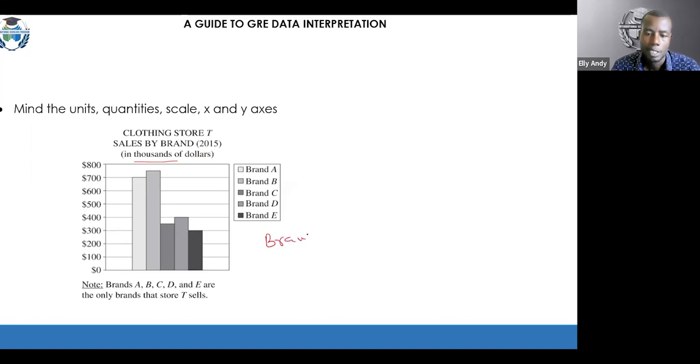If you were not keen enough, then you might be tempted to use maybe $300 for brand E, and that would be wrong. So pay attention to the units, the quantities, scale, and the axis. Every piece of information given here is relevant.